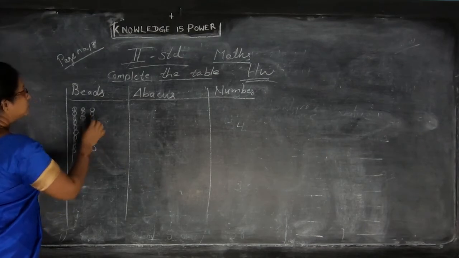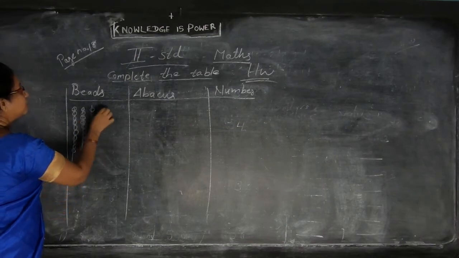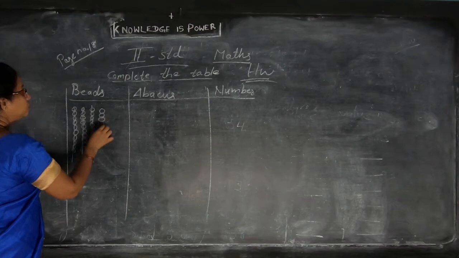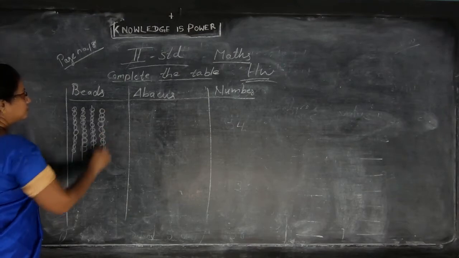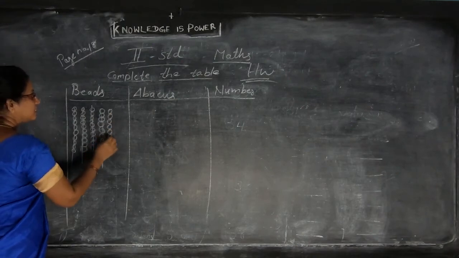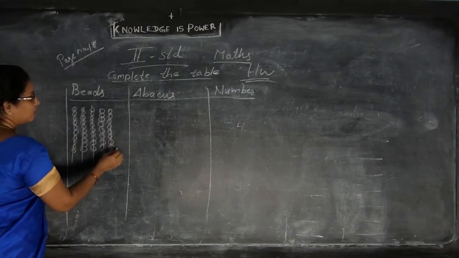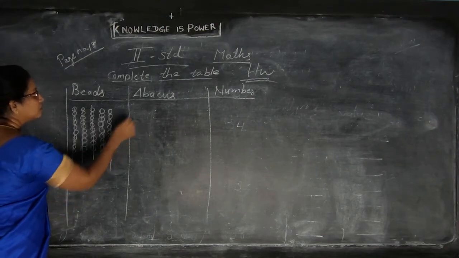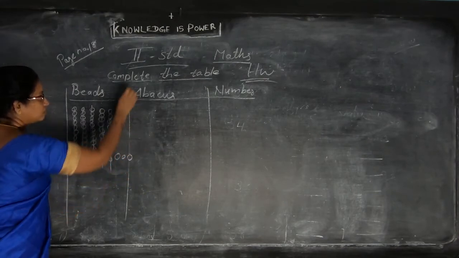1, 2, 3, 4, 5, 6, 7, 8, 9, 10, three groups of ten. Then 1, draw here separately. 1, 2, 3.